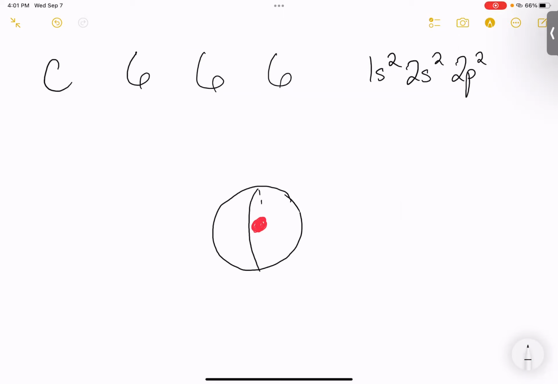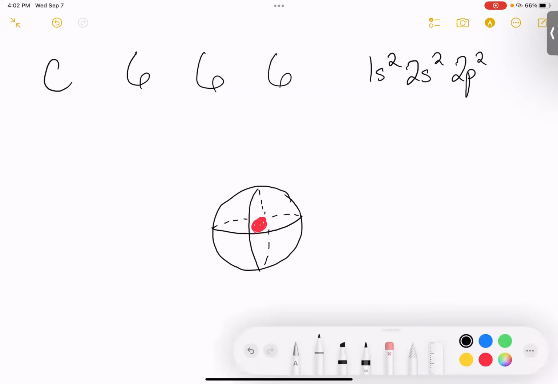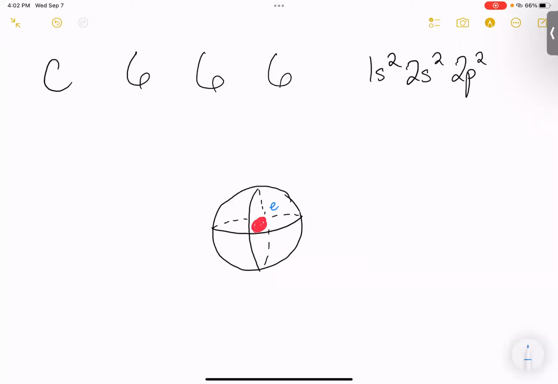So according to what we just did, you have your carbon nucleus in the first shell away from the nucleus, which is a spherical shell. You're going to have 2 electrons.